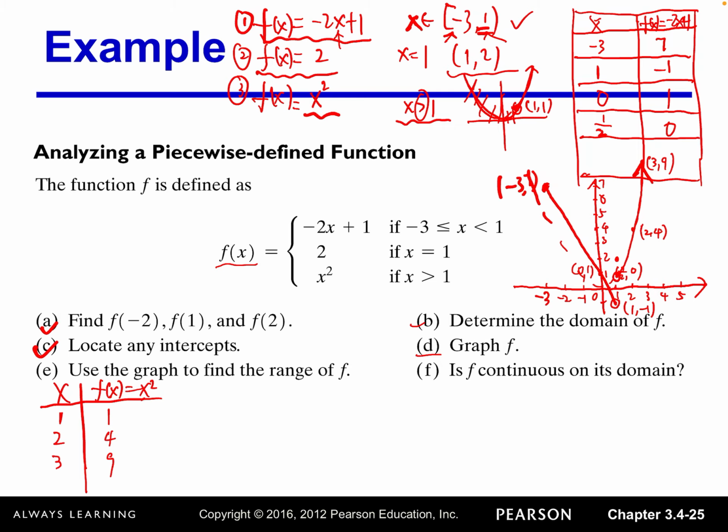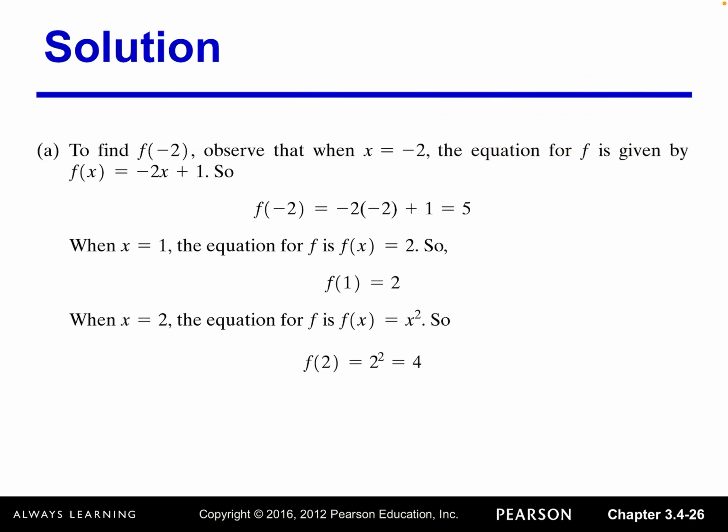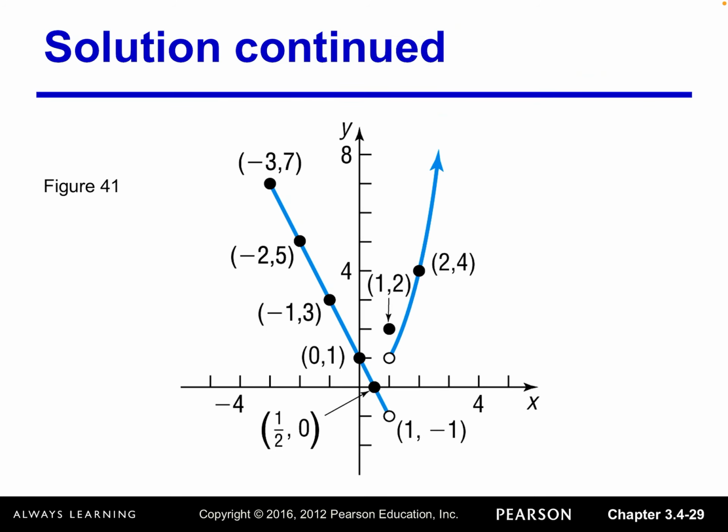Actually, we can look at a better graph. My hand graph is really not good. So let's look at the book's perfect graph. This represents f of x equals negative 2x plus 1. Remember, this is (-3, 7). This point (1, -1) has a shallow circle, so it's not included in this line segment.